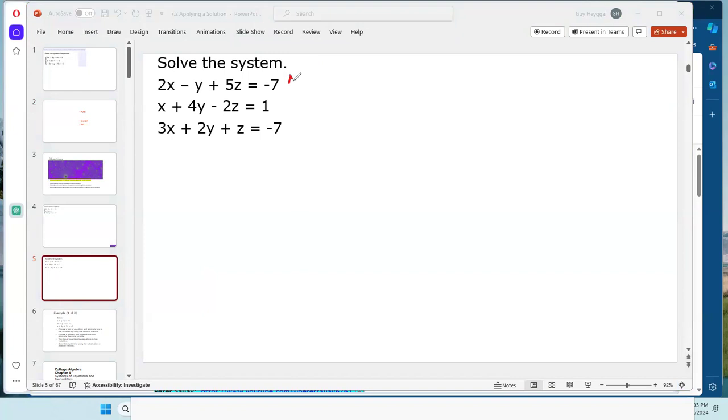Add y to both sides and add 7 to both sides. And then we get 2x plus 5z plus 7, and that is y.